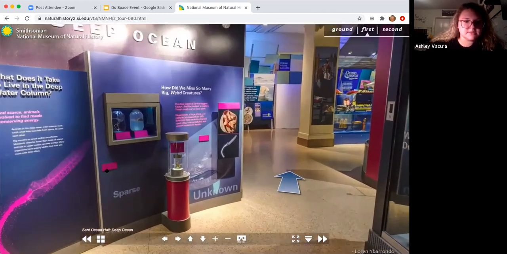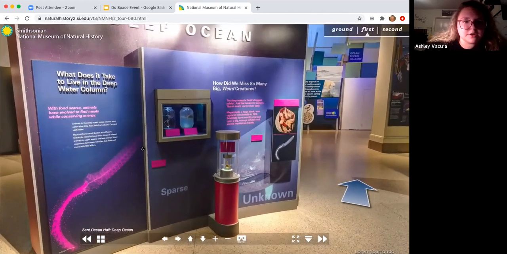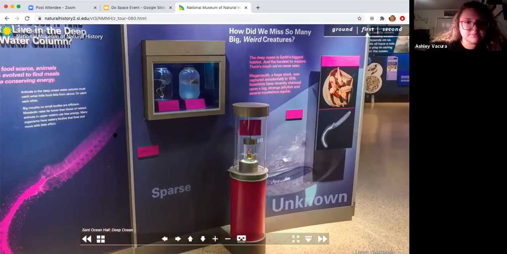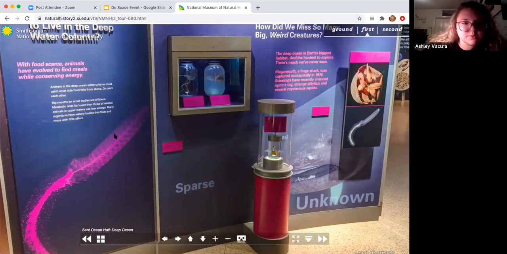It says, what does it take to live in the deep water column? With food scarce, animals have evolved to find meals while conserving energy. Animals in the deep ocean water column must catch what little food falls from above, or catch each other. Big mouths on small bodies are efficient. Metabolic rates far lower than those of related animals in upper waters use less energy.